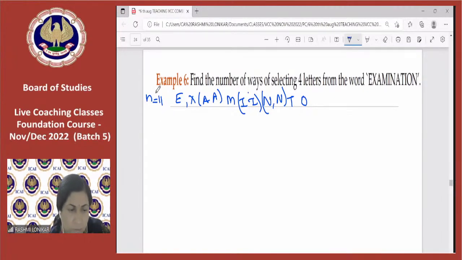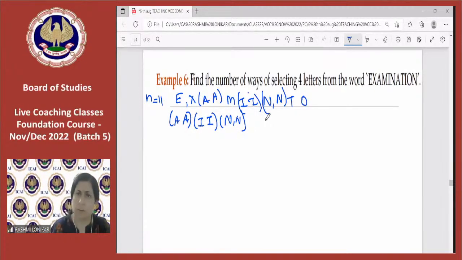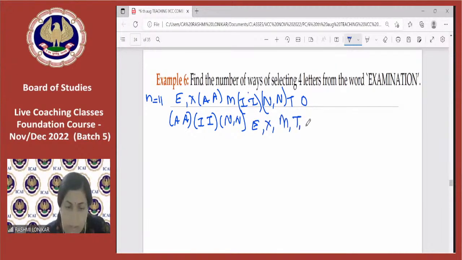So I will write this here: AA, II, and NN. And what are the other alphabets who are appearing singly? This is E, X, M, T, O.